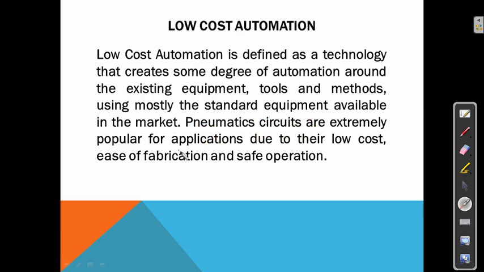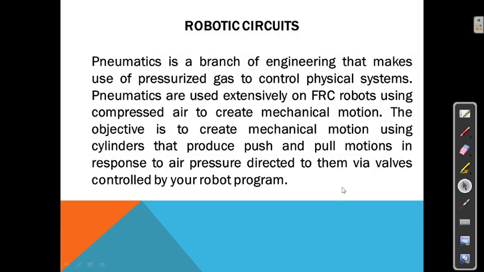Why? Because of their low cost. So we mostly use low cost automation in this pneumatic field. Then ease of fabrication as well as safe operation. As we saw before, for uncontrolled use, we use pneumatic circuits due to safety and low cost automation. And then robotic circuits.